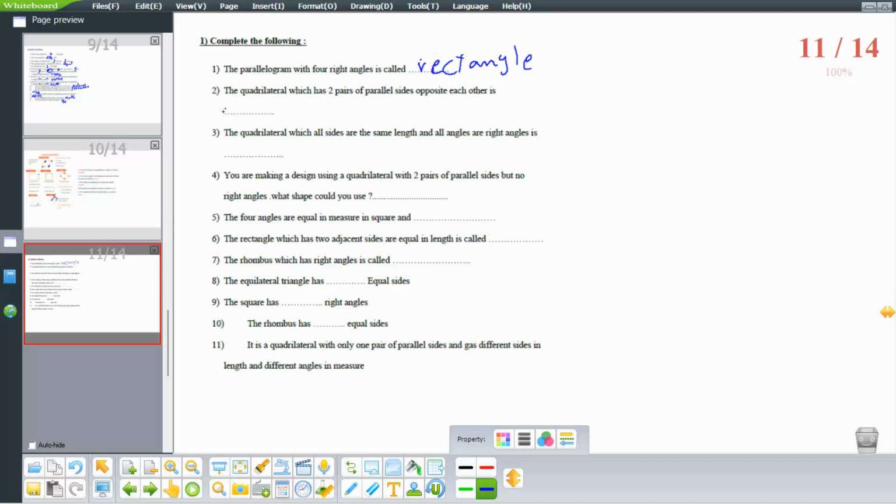Who has only 2 pairs of parallel sides opposite to each other? Trapezium. Two pairs, that's parallelogram, sorry.